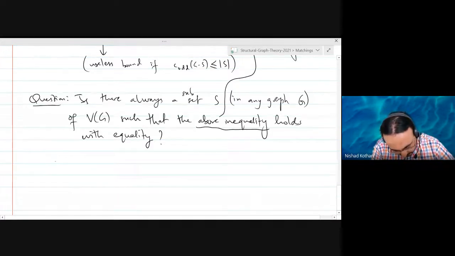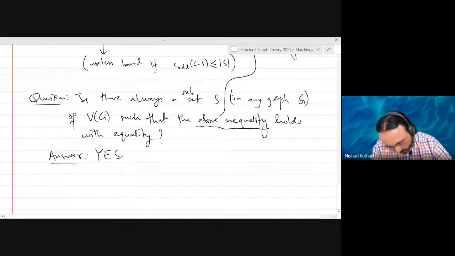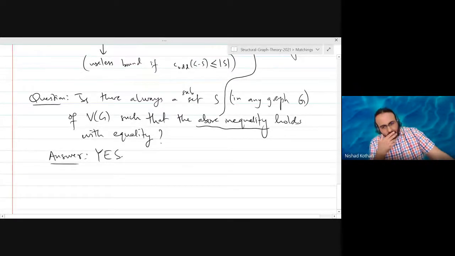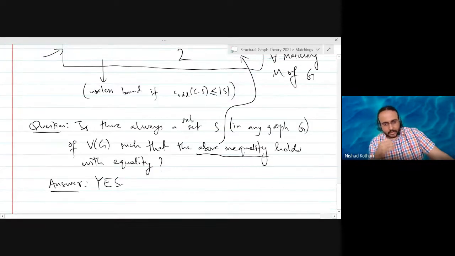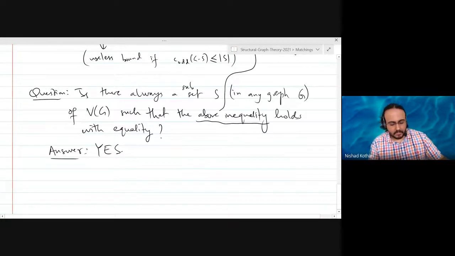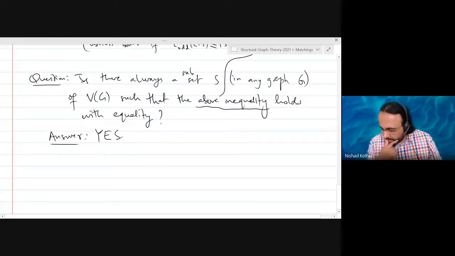And that is the famous Tutte-Berge theorem. Right? And this is good because it means that you can actually convince someone that a certain matching is actually maximum. All right.